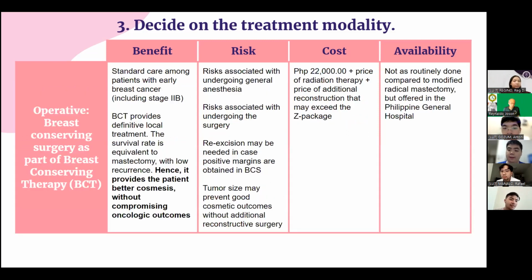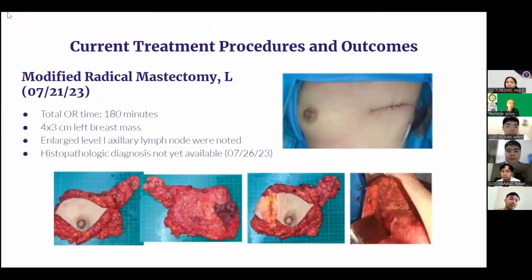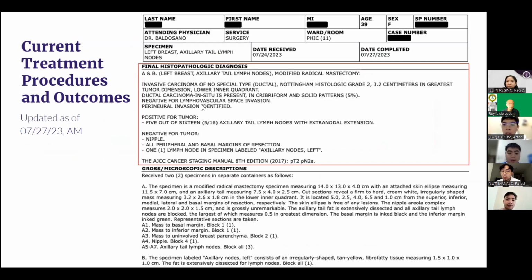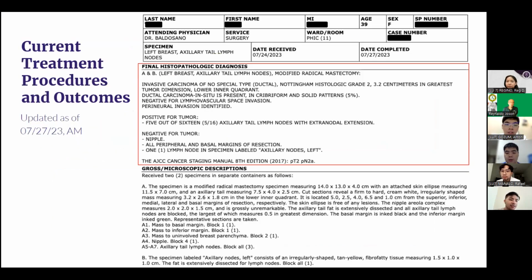So in this particular patient, what was done was a modified radical mastectomy. Tama? Yes, sir. Ilan ang lymph nodes niya? During OR, sir, 1 lang yung na-evaluate. But yung sa histopath, sir, nag 5 out of 16 po siya, positive.